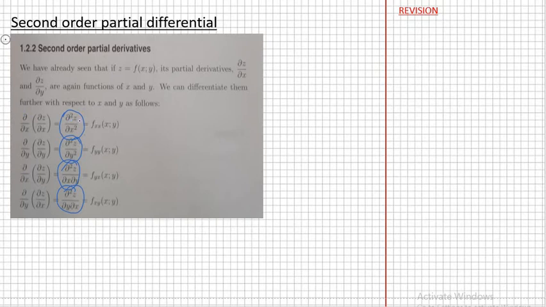So what does this mean? Okay, let's start with the first expression. It simply means that if you have a multivariable function which is called z, and that function has variables x and y, then you have to derive it first with respect to x, and you're going to have an expression.